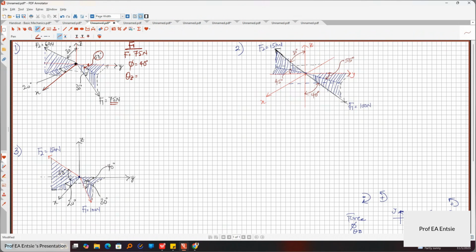From z to the base of the plane is 90. Then we went down again 35. So it will be 90 plus 35, which is 125 degrees. That's what you should know.